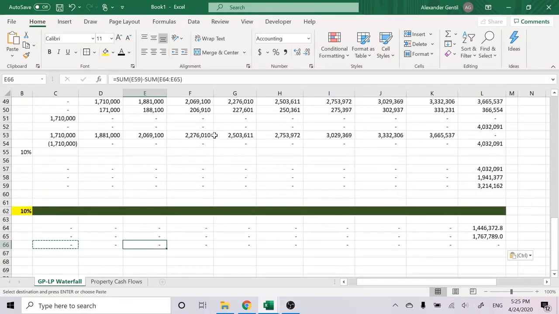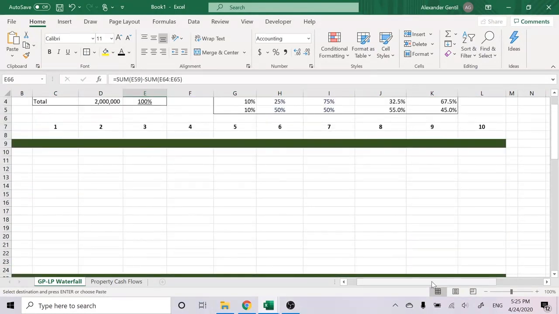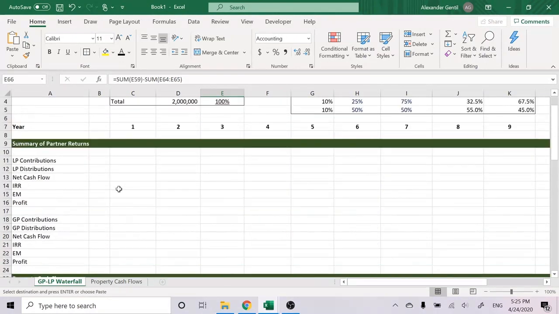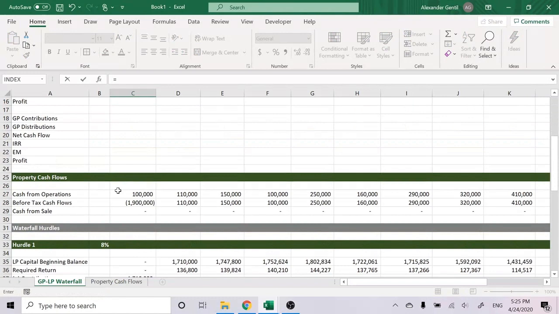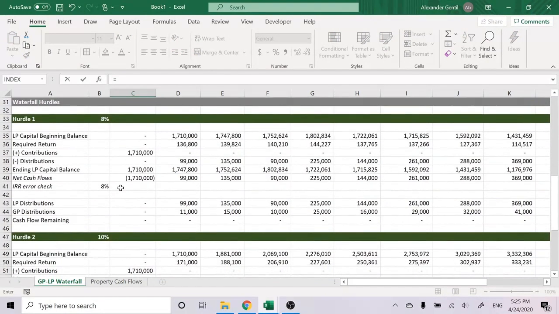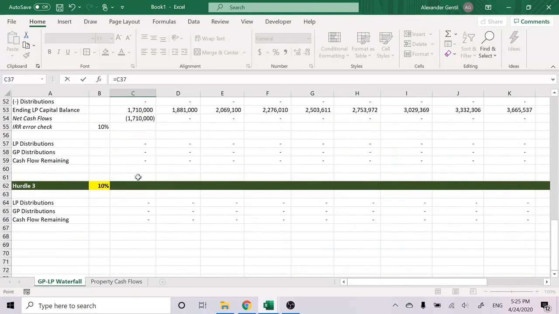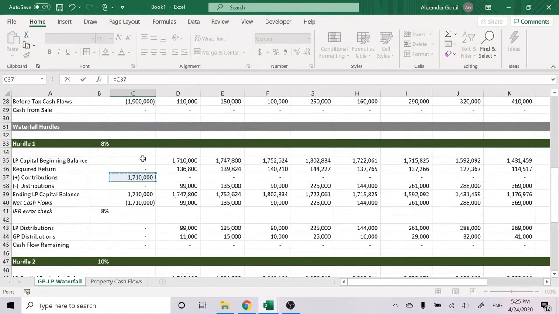Okay, so now we've modeled the hurdles over time. Now we need to model the returns for each of the partners. So, what are the LP contributions? The LP contributions are simply the contributions that he made in the first hurdle, because the contributions don't change.